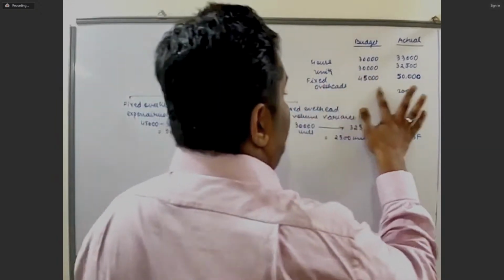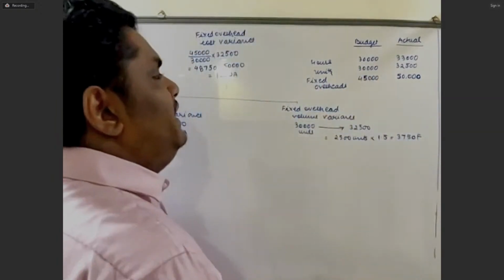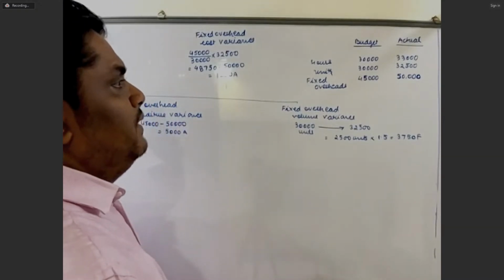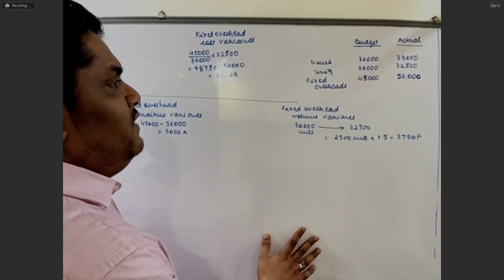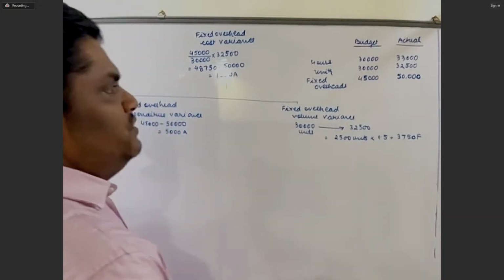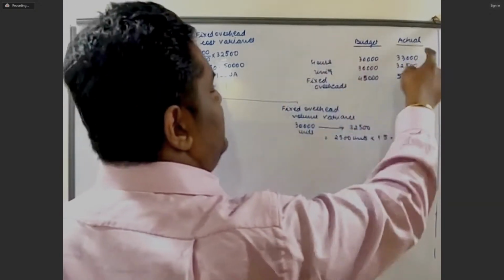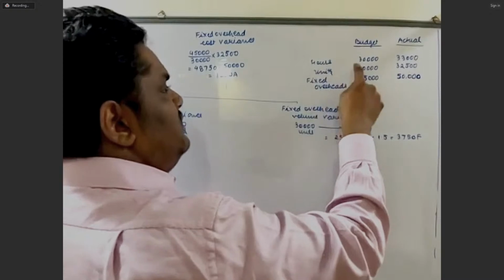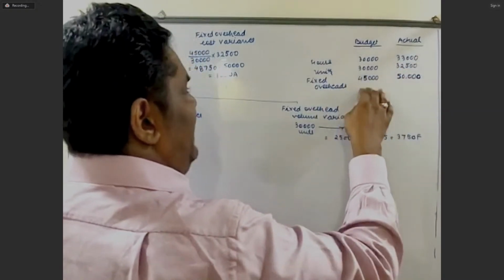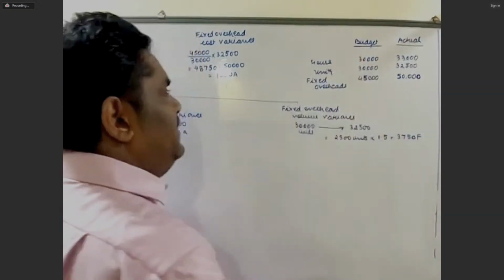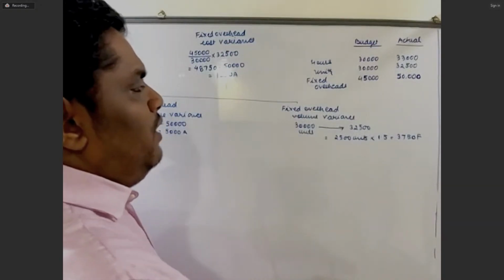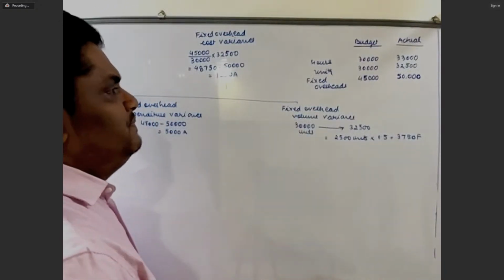The question is hours 30,000 and 33,000, units 30,000 and 32,500, and fixed overhead that is 45,000 and 50,000. So now what will be the change in the solution?